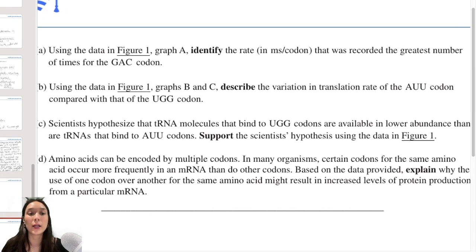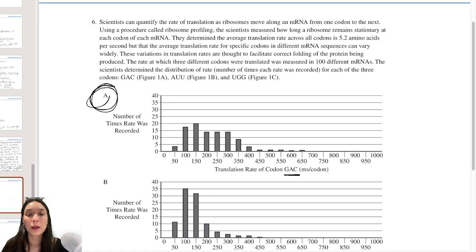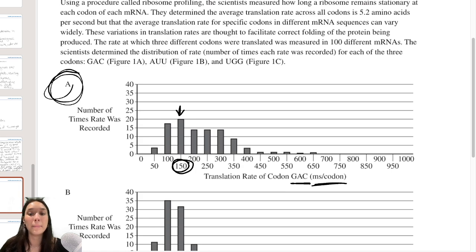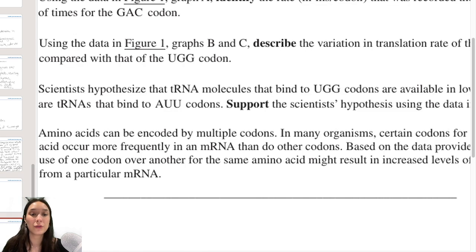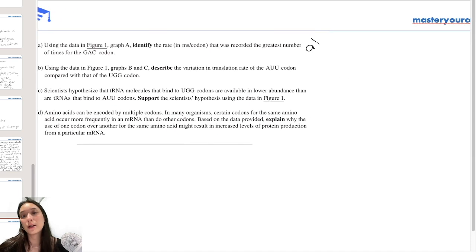For GAC, our top graph, we're really just looking for the highest number that was recorded. The highest one is this bar right here. If you look at what the rate is, it's 150 milliseconds per codon. So the answer for that one is very straightforward. You would just put 150 milliseconds per codon and make sure to put your units.